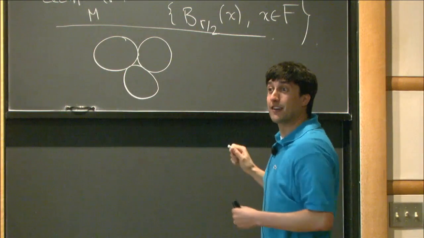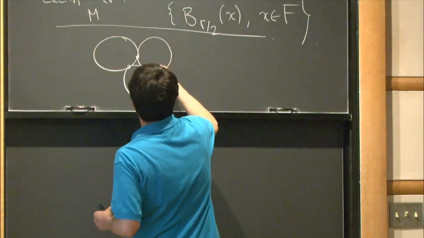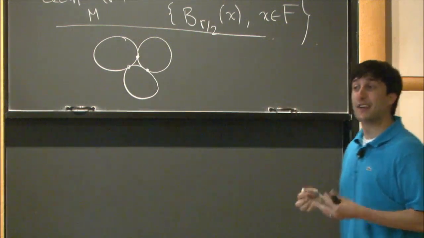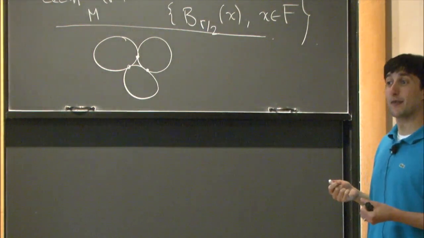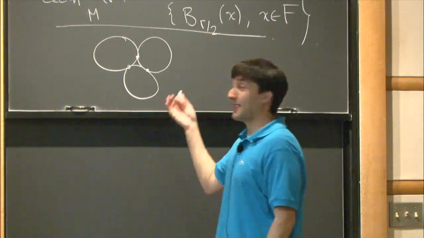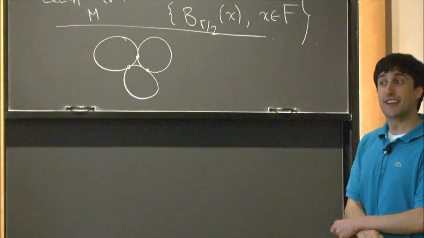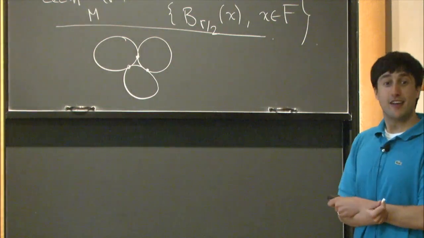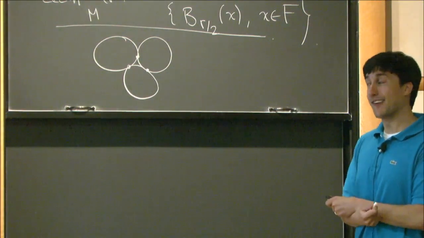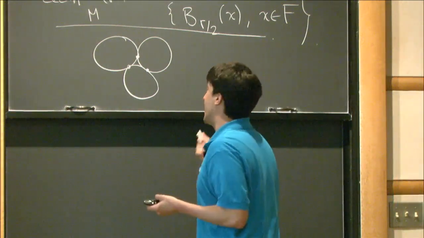Maybe they're a little bit closer to each other, so they all have pairwise intersection points, but they don't have a common intersection point. So could you think of an algorithm to decide whether three balls in R2 have a common intersection point? I think even that takes some thought.